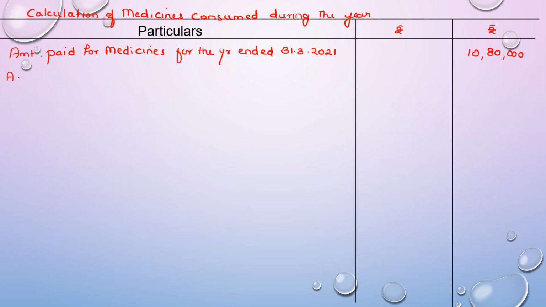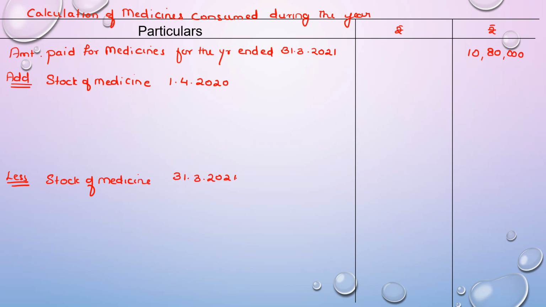Now, what are the items that are going to get added? I will just write it down and explain it to you. We add the stock of medicine at the beginning of the year, that is on 1st April 2020, whatever was the stock would be added. And there will be certain less items. Under that, the stock of medicines at the end of the year, 31st March 2021, would be subtracted.